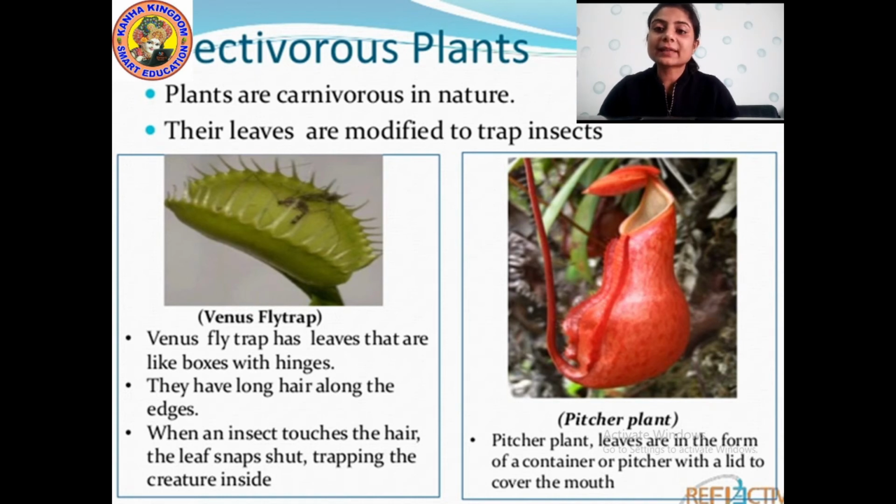The lid of the plant that is above the pitcher plant closes the opening and then the insect gets trapped inside. The secretion that it makes inside helps to digest the insects inside the pitcher plant. Since these plants are carnivorous in nature, that is why they are called insectivorous plants. I hope you understood this.